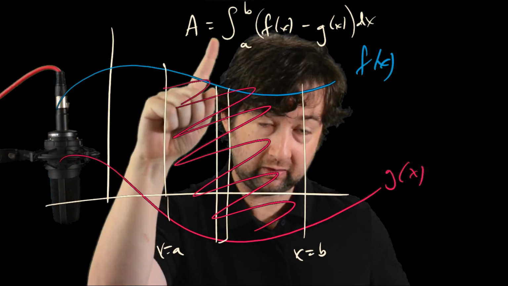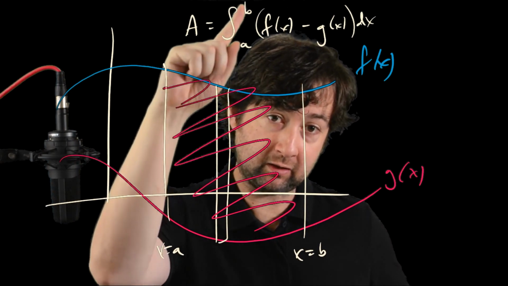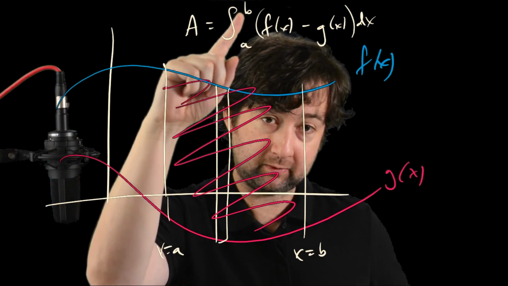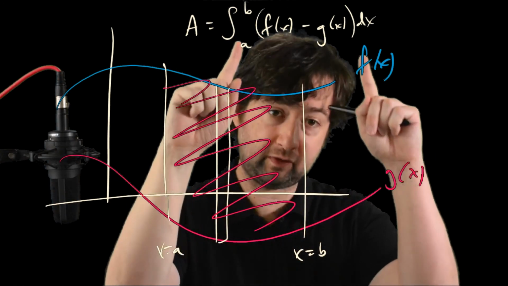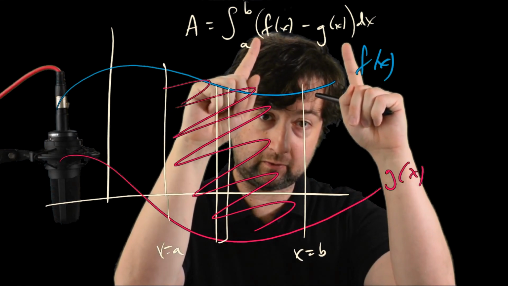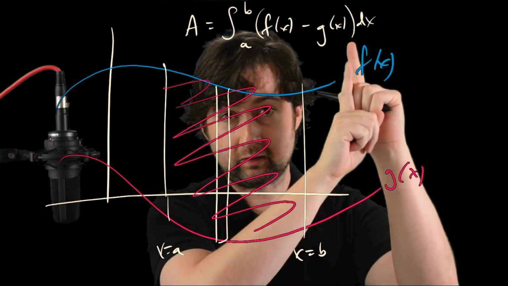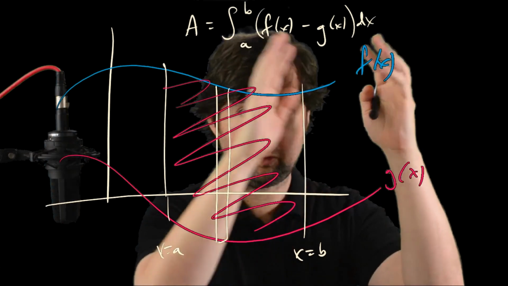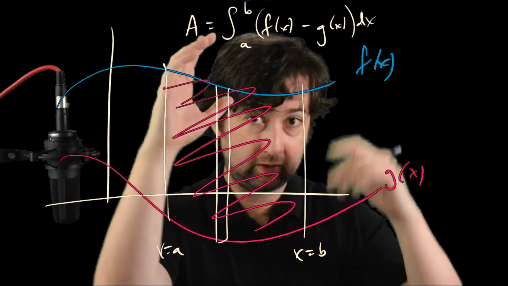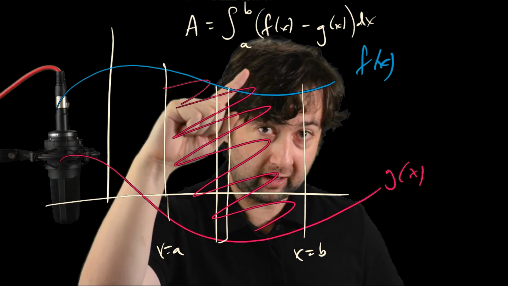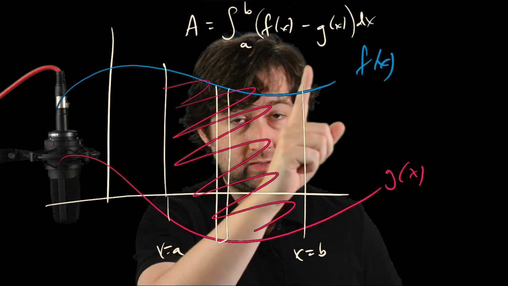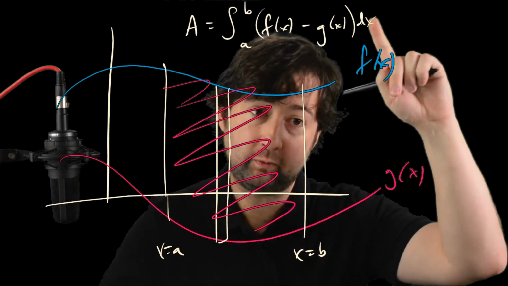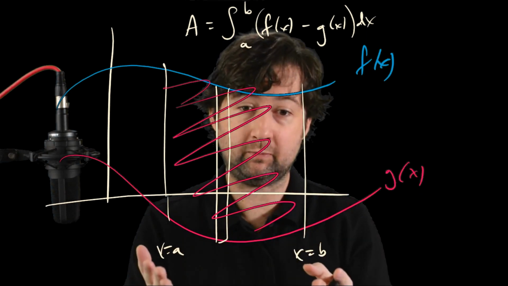You're adding things. The a tells you where to start adding, and the b tells you when to stop. The things that you're adding up are given by this formula right here. So f of x minus g of x is the height of a rectangle. The dx is the width of a rectangle. So the integral is telling you, start adding rectangles at a and go to b. And the rectangles that I want you to add have heights given by f minus g and widths given by dx. And you can see that in the picture.